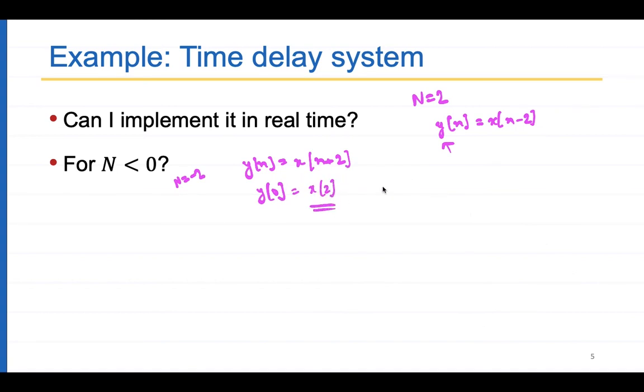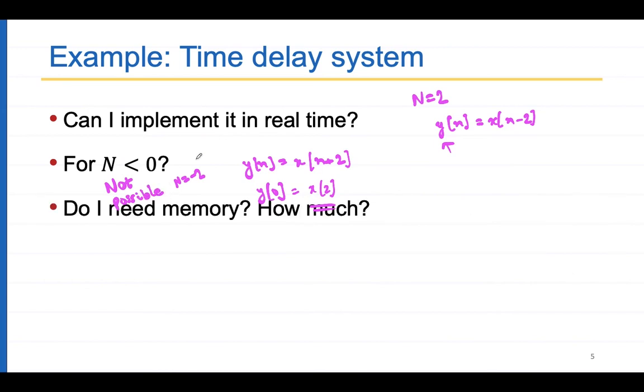Yes, if the sequence of x is all visible, then it is possible, but if it is in real time, I do not have the future value, so I cannot implement such a system in real time, right? For n less than 0, it is not possible. Yes, you can estimate, you can predict the value, but you cannot tell the exact value.